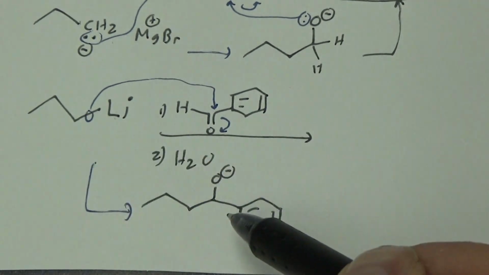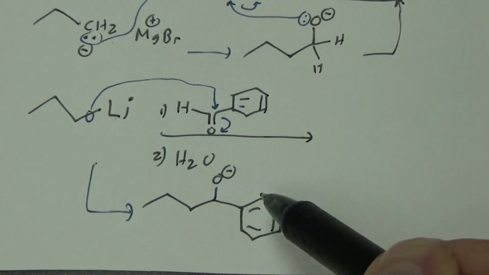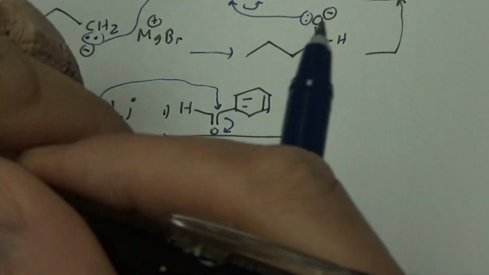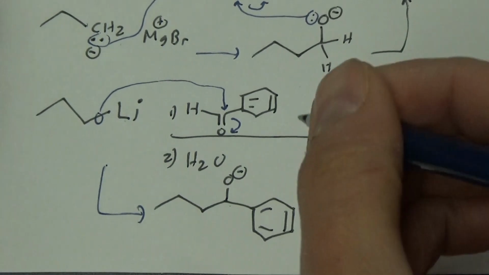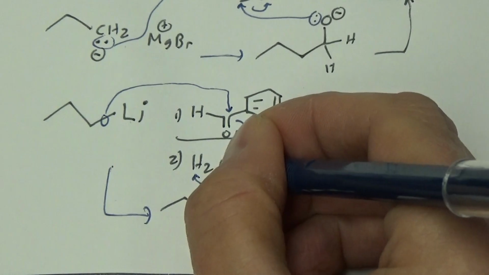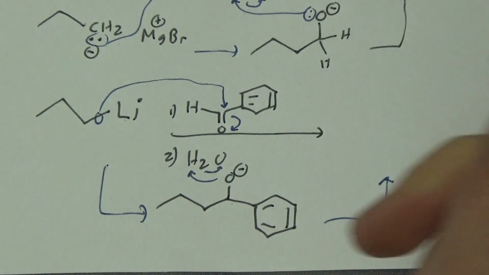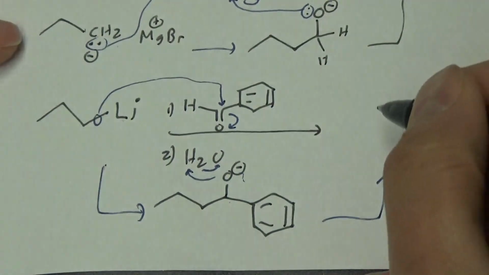So there's 7. 1 plus 6 is 7, so it's 10 carbons total. And then this just grabs the proton. So the O minus gets the proton from water, and you make a secondary alcohol.